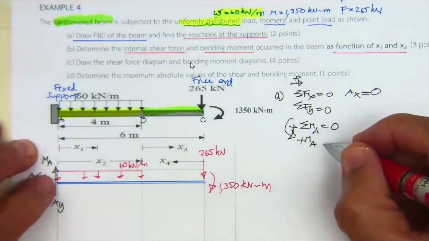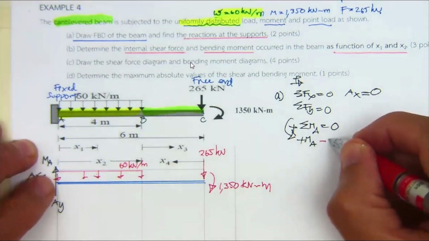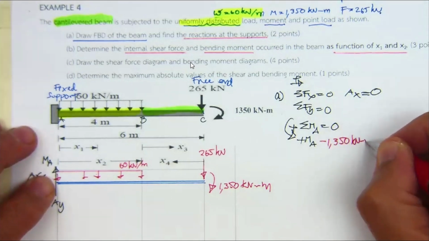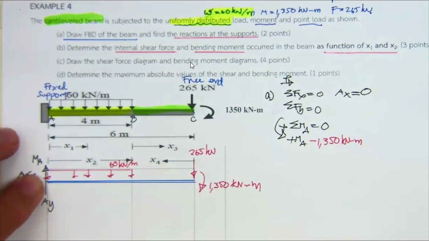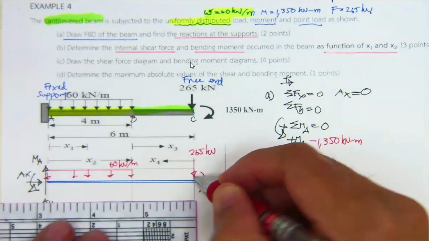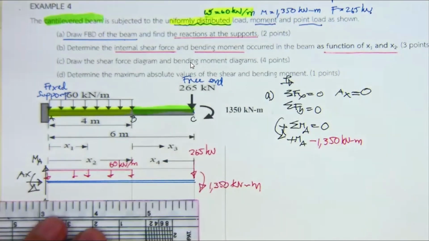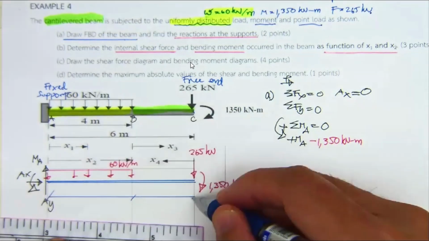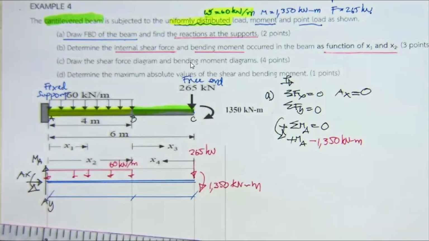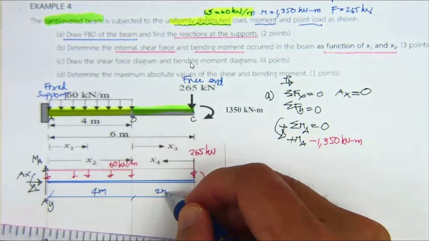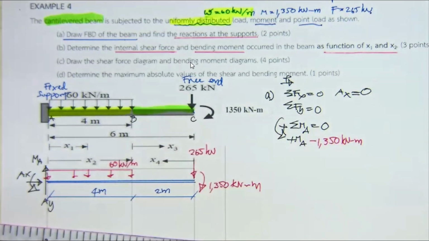Then we have minus 350 kilonewton. Okay, it's already removed. And then we have 265. That's why you've got to put that direction, the length of the segments of the beam. The total is 6 meters. This is 4 meters, this is 2 meters.